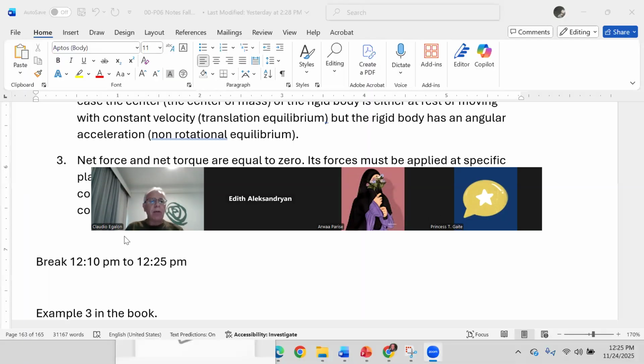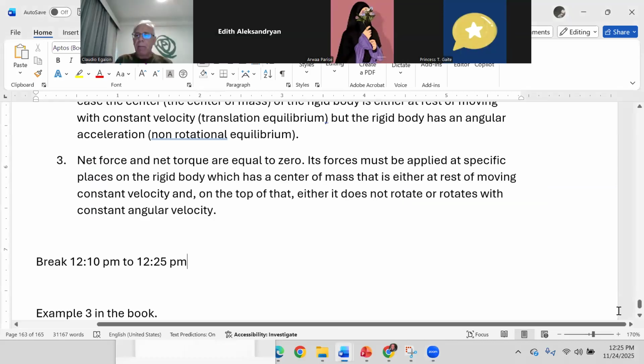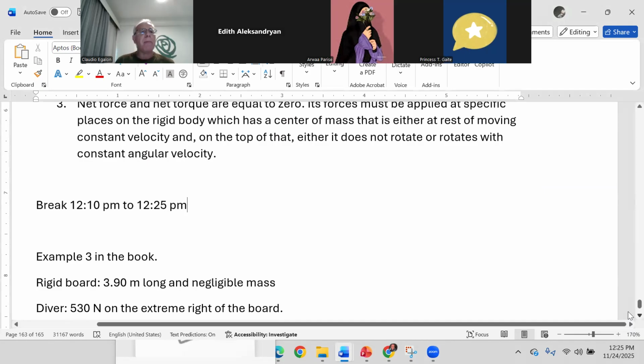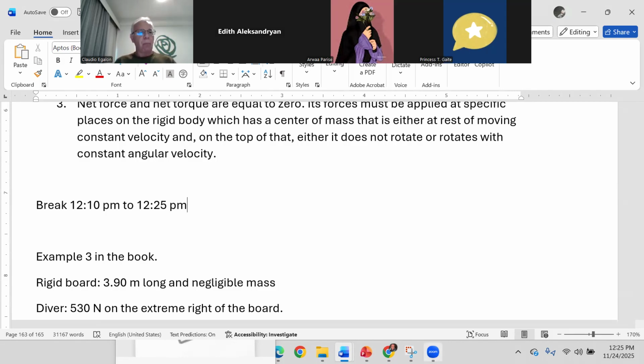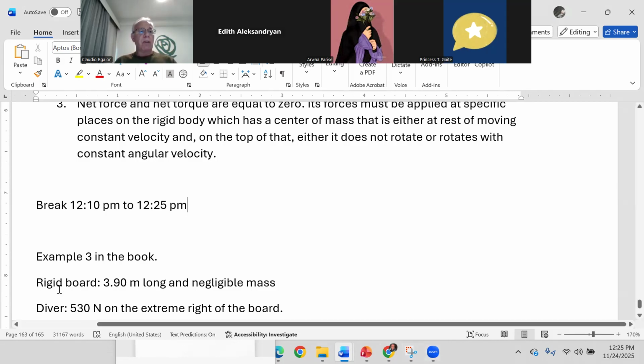Okay, so let's take a look at this specific problem example in the book that applies to a rigid body. It's not bending, it's not flexing. It's a rigid board, 3.9 meters long and negligible mass.